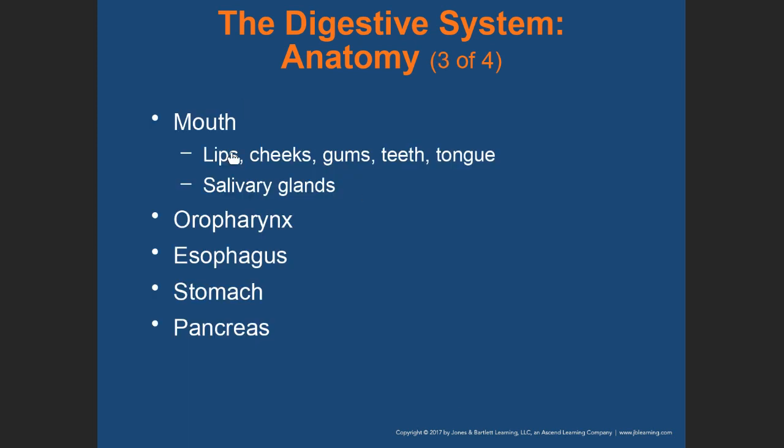So the mouth: lips, cheeks, gums, teeth, tongue, and salivary glands. The digestion of food starts with the food being broken down, right?